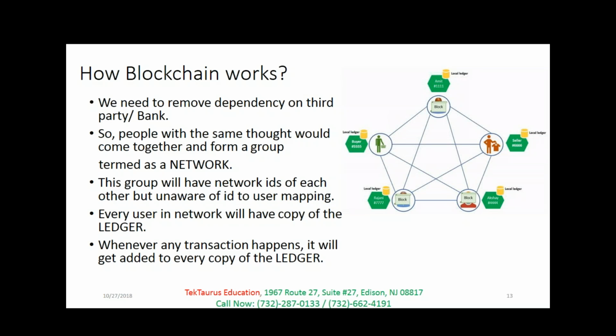Nobody knows the name of anybody. Like in the image, every person has an ID. Buyer has 5555 ID, seller has this ID, Amit has this ID. So the names Amit, Akshay, Rajni are not stored in the blockchain network. These are never stored. Only the ID is stored. That is called a network ID.